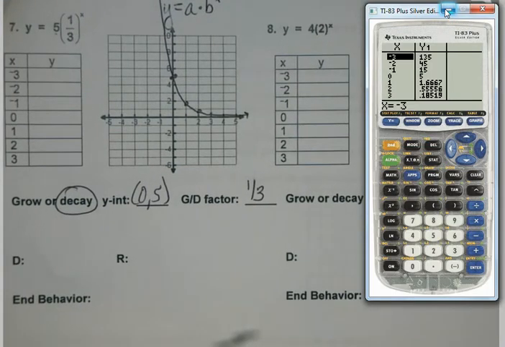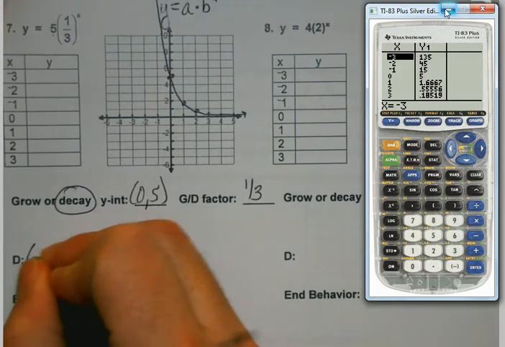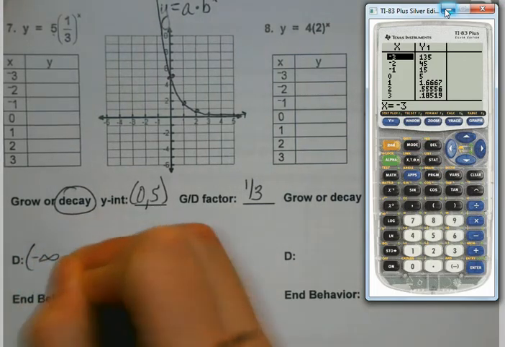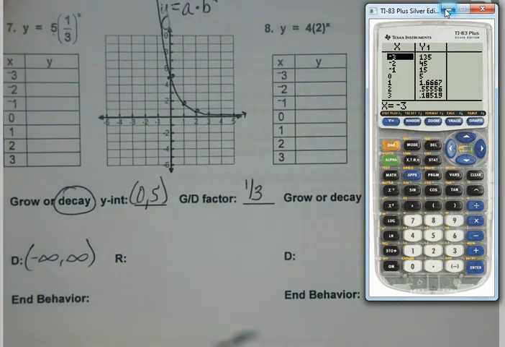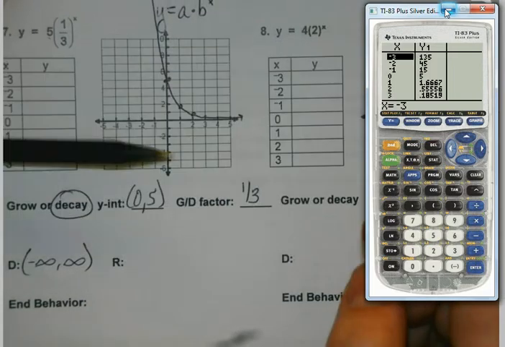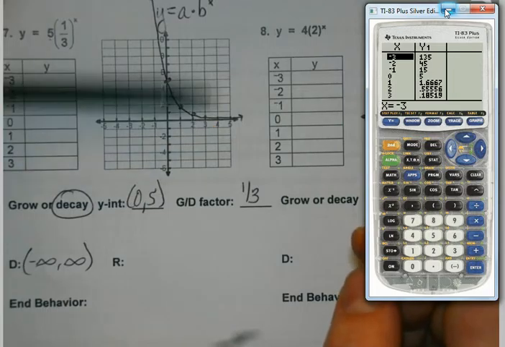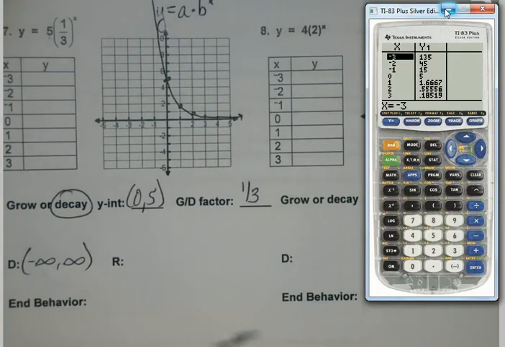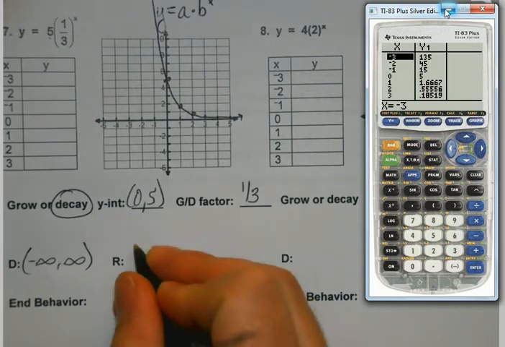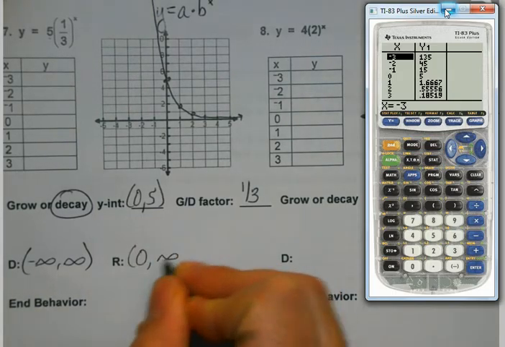So, nice thing, we spoke about this before, my domain, no matter what when I'm doing growth and decay, is negative infinity to infinity, because it goes forever to the left and right, no matter how much I shift it or move it. Now my range, again, I got to think a little bit. Range is my y values from bottom to top. So what would my range be? 0 to infinity.